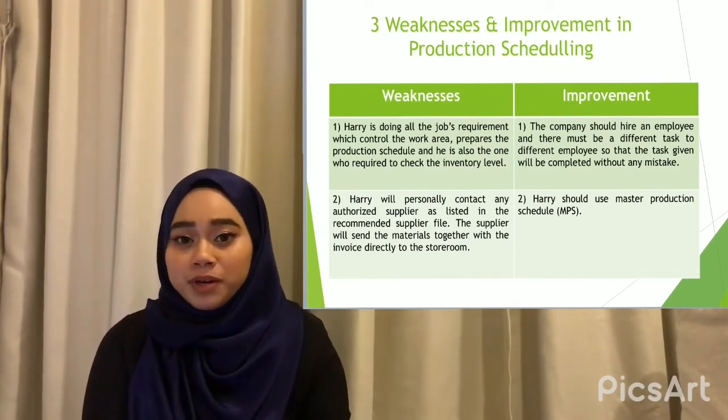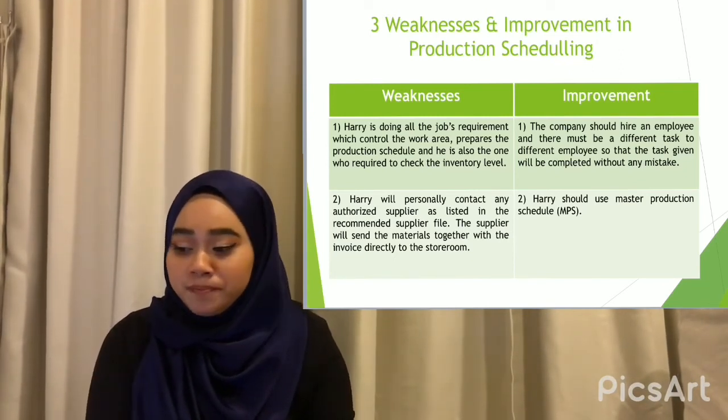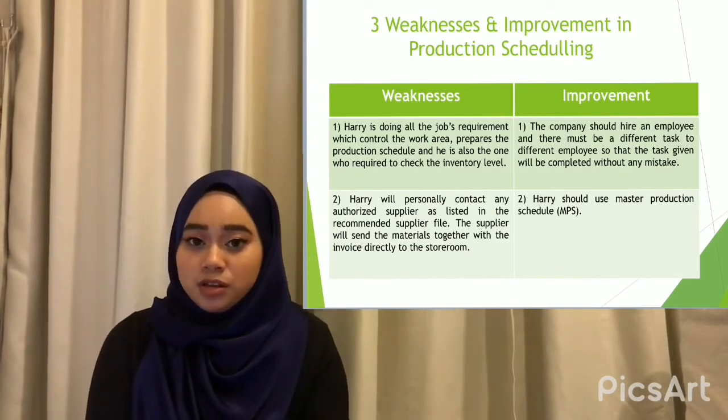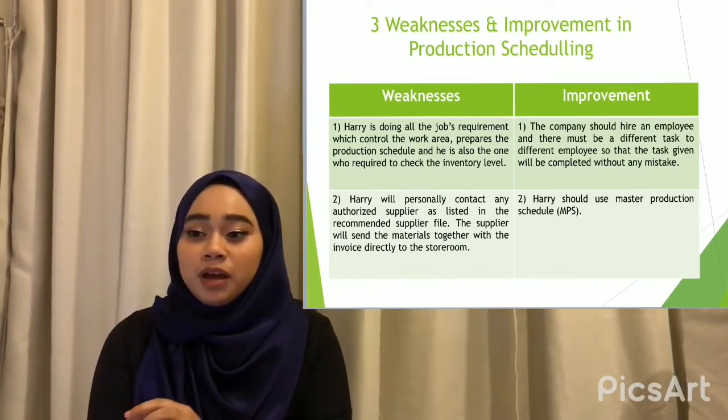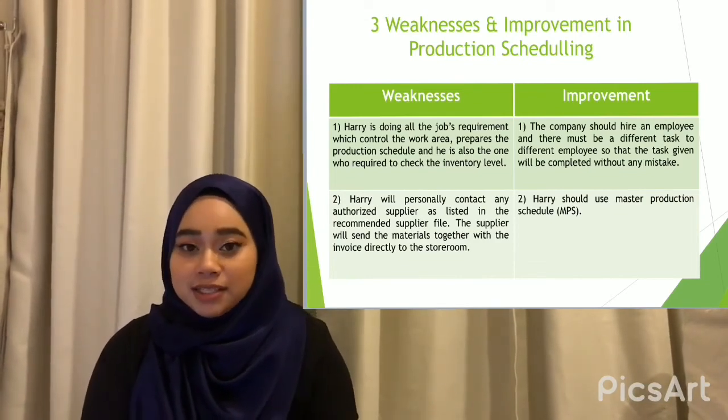So the improvement is the company should hire an employee, and they must assign different tasks to the different employees, so that one employee can focus more on the task that they have been given.